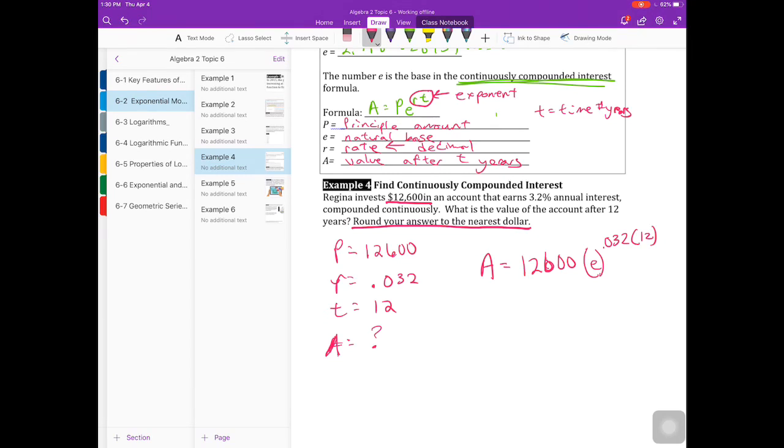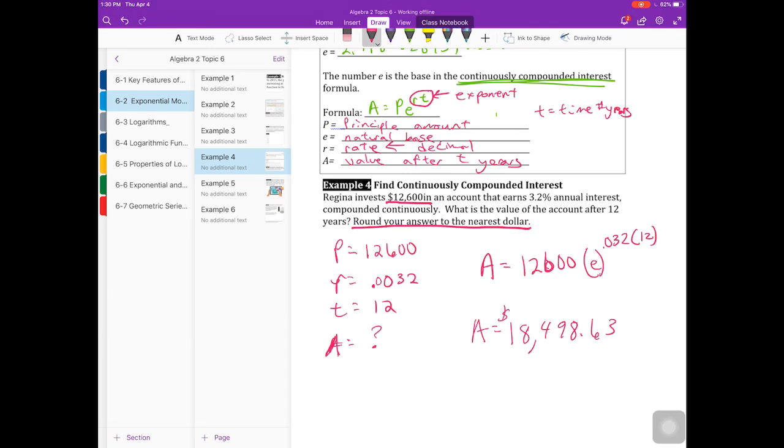When you put that in your calculator, you get that A is approximately $18,498.63. So it's a pretty good growth return there. You're getting almost $6,000 for putting your money away for 12 years and not doing anything. You don't have to work. This is the beauty of compound interest.